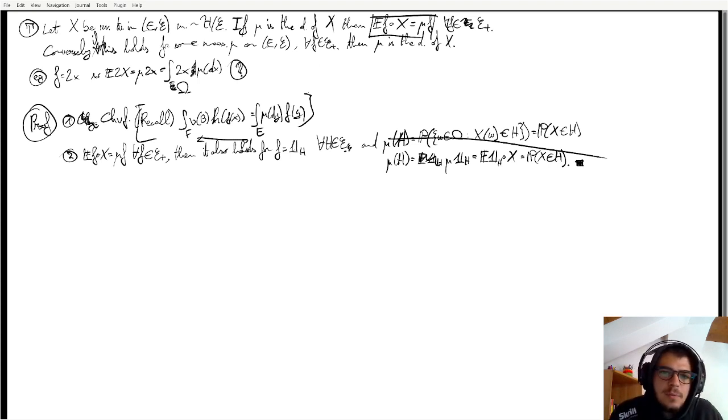I am thinking now to translate this formula using the change of variable formula.